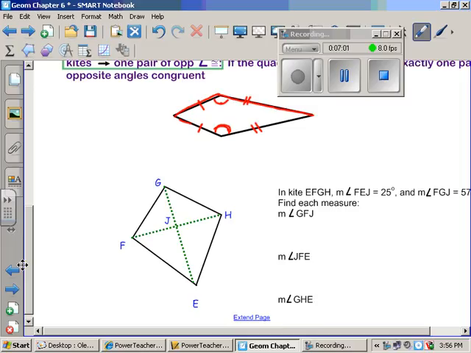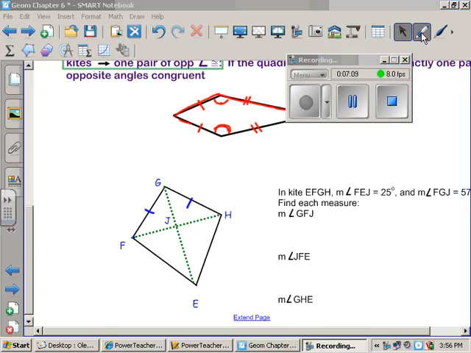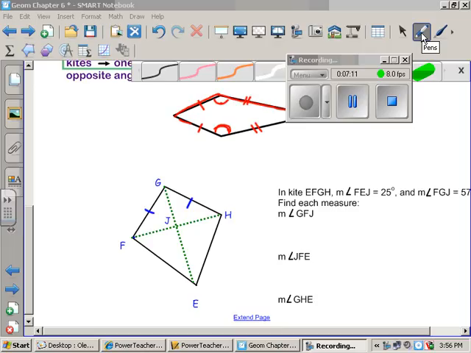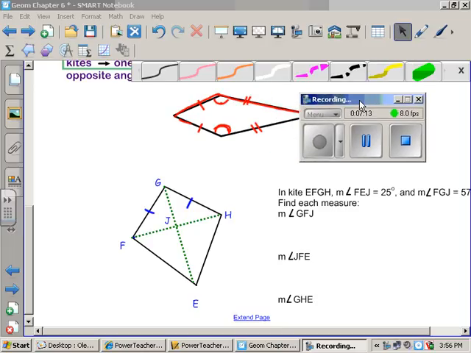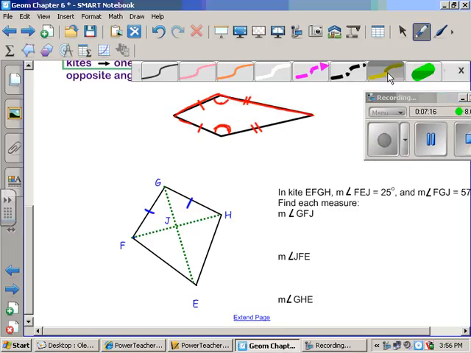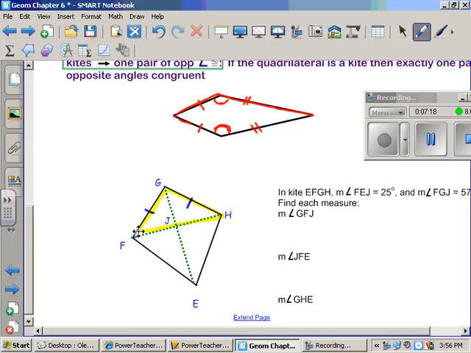Okay, there's a couple things you can think about when you are working with kites. One is that we've got a big isosceles triangle here, and this other way, an isosceles triangle here and an isosceles triangle here. So that's one way to think about it.